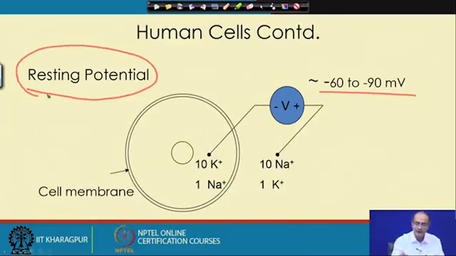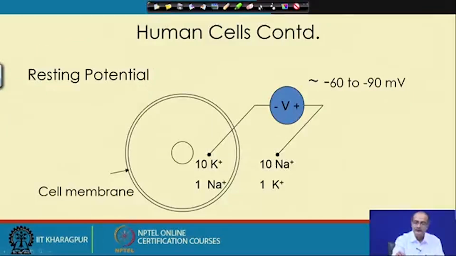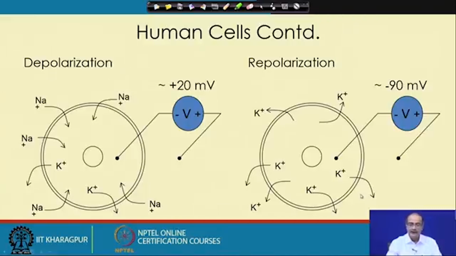Now, let us see how this equilibrium can be disturbed. If a stimulus is given to the cell membrane, which could be an electrical or a chemical stimulus, suddenly from one point the permeability of the cell membrane changes and it spreads all over the place.